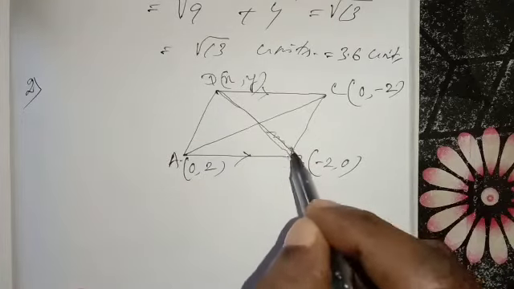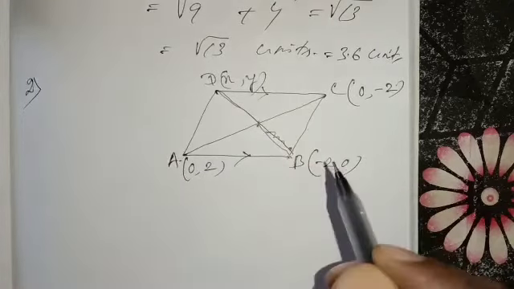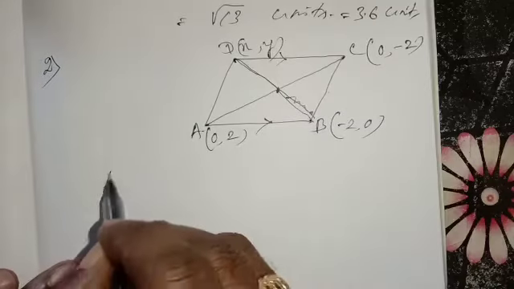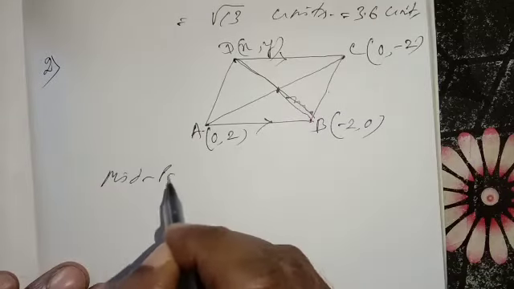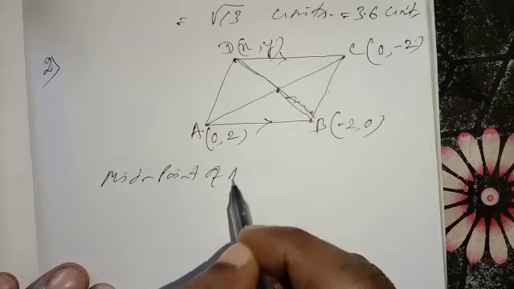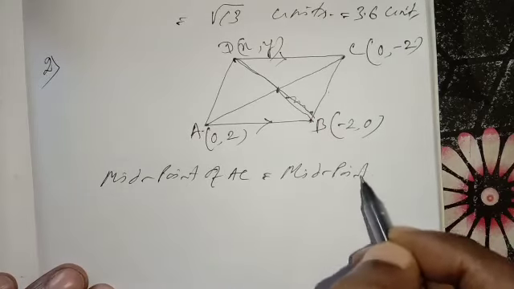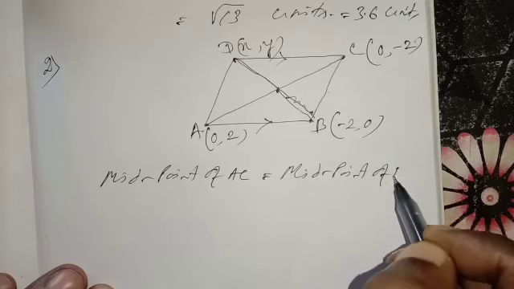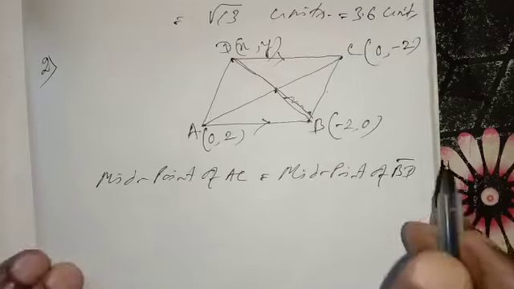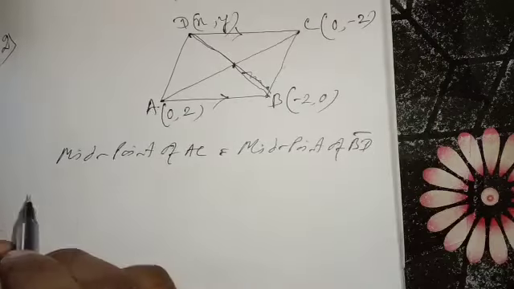This is the point of intersection. Means you have to write midpoint of AC should be equal to midpoint of BD. As ABCD is a parallelogram, the midpoints should be equal.